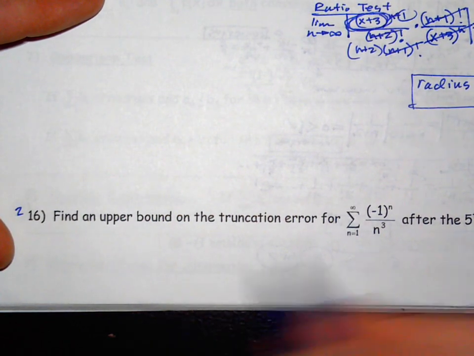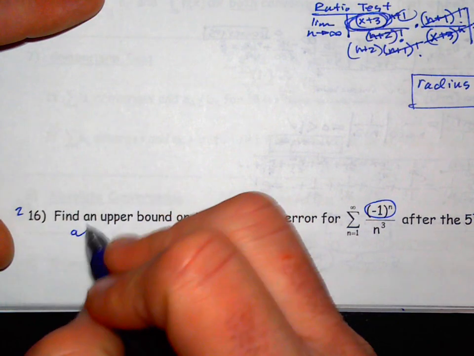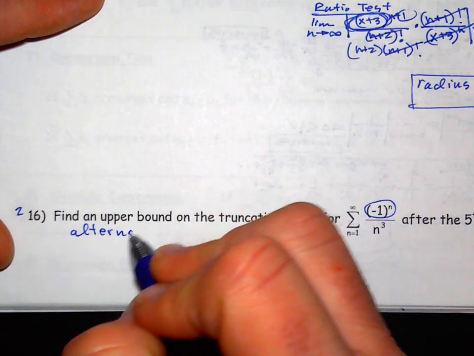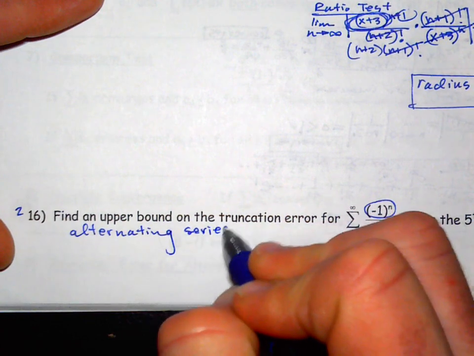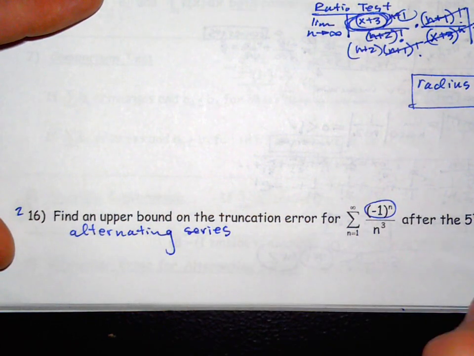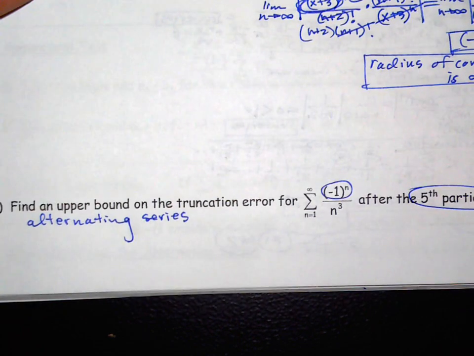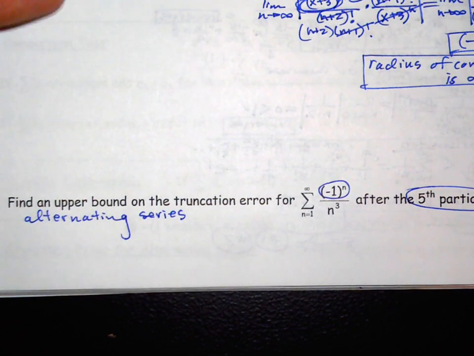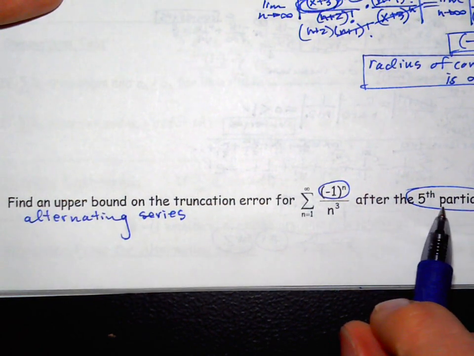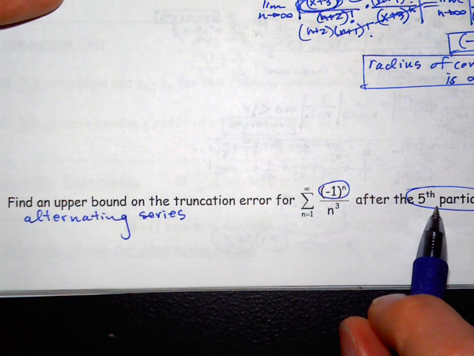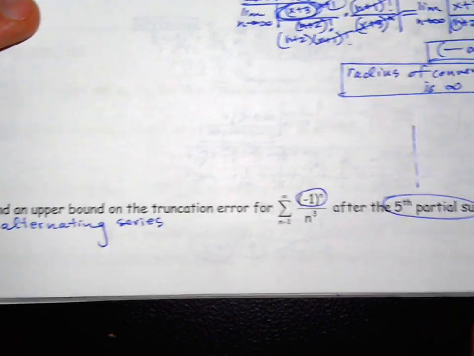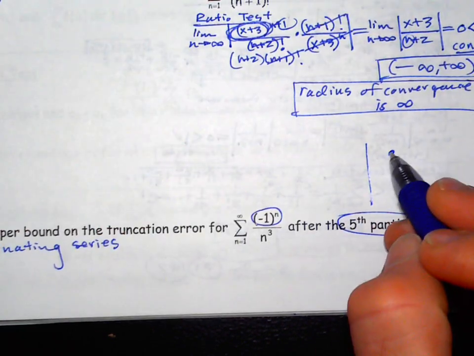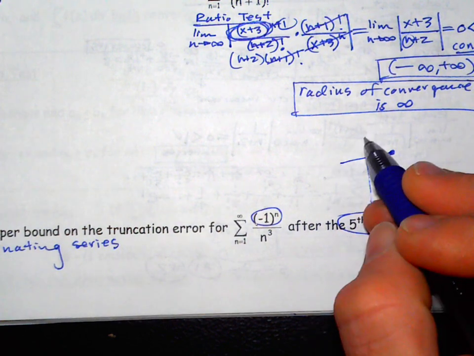So this right here, because it's an alternating series, and we're doing the fifth partial sum, what we discussed is that the error between the current partial sum and the answer is for sure going to be less than the next term. I showed you guys this picture of, here's the first partial sum, and this is the answer it's going towards.